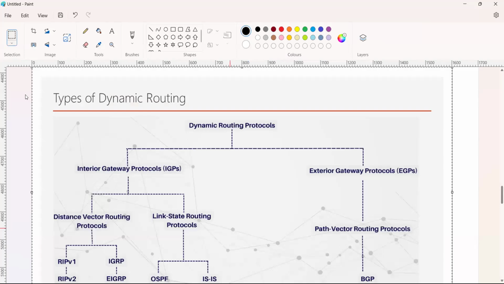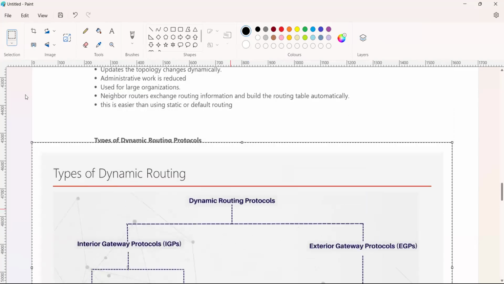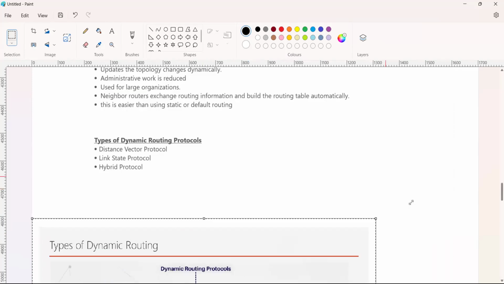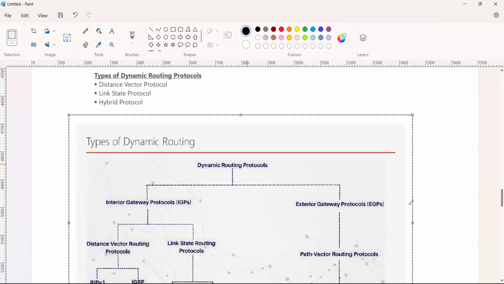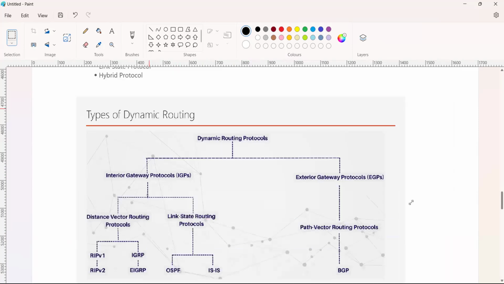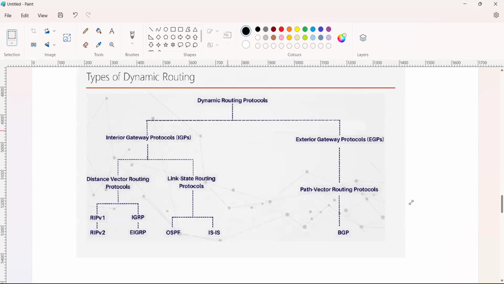The types of dynamic routing protocols: we have distance vector protocol, link state protocol, and hybrid protocol. Here in dynamic routing protocols, first we have IGP and EGP; IGP is the interior gateway protocol.